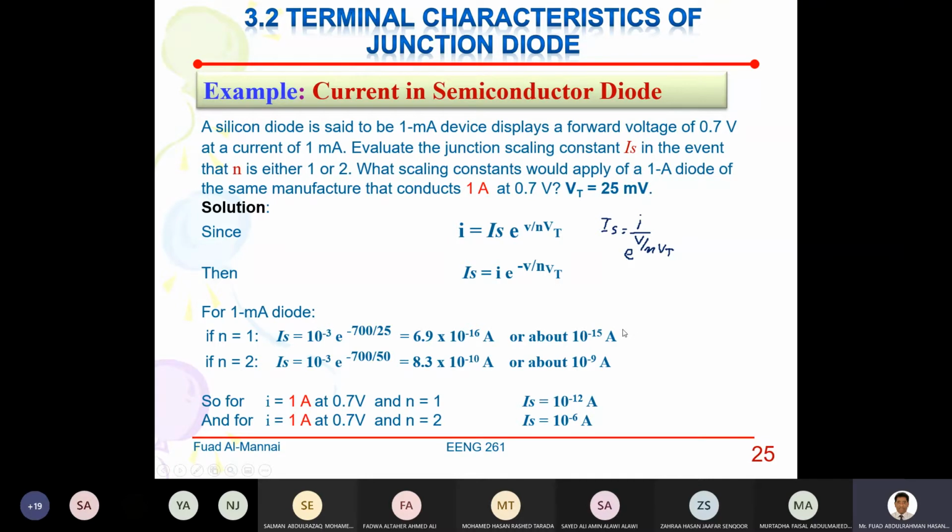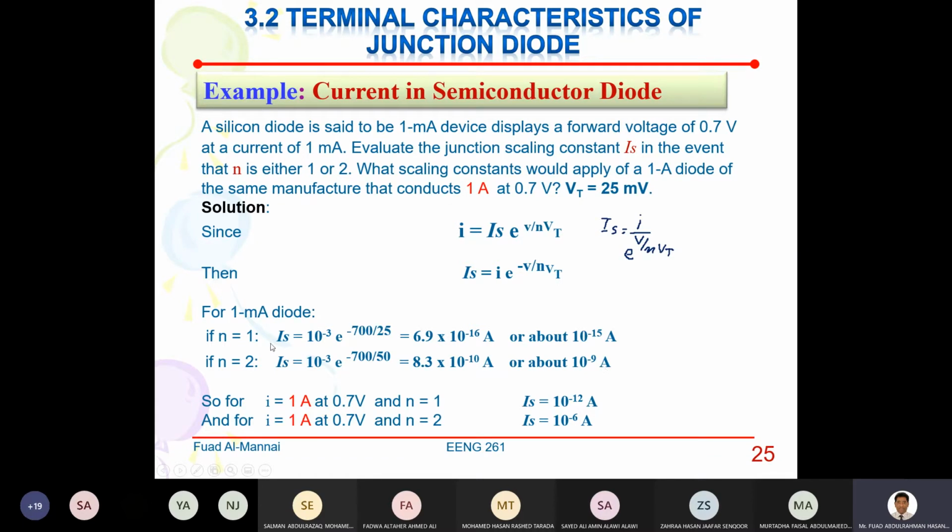Now, if I use N equal to 2, I will substitute here for N equal to 2, and that will give me 10 to the power minus 3 e to the power minus 700 divided by 50, because I multiply by 2. That will give you approximately 10 to the power minus 9, or nanoamp.